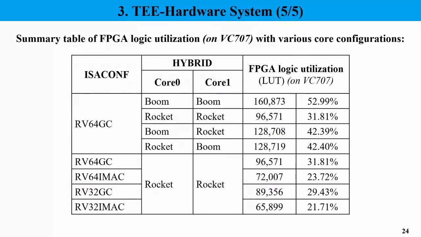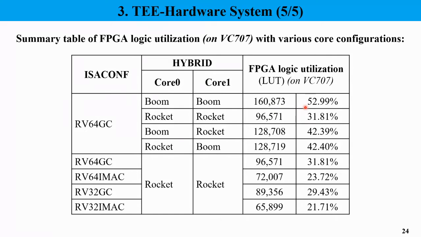And finally, this table reflects the logic utilization in the VC707 FPGA with the different processor configurations. The biggest utilization is the 2 Boom core, located here, which practically uses over 50% of the overall logic utilization of the FPGA.